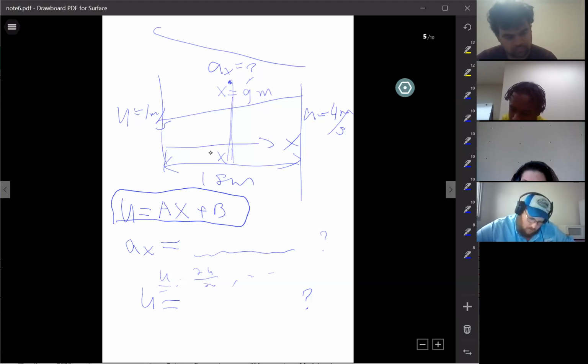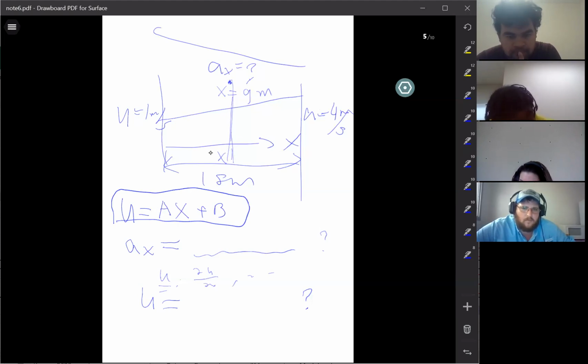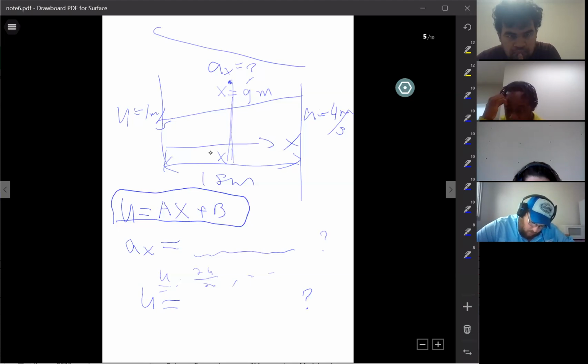Okay. You do need the U value, right? Exactly the U value at that point. Okay. And the next item I will grade is what is the partial U, partial X at that particular point.